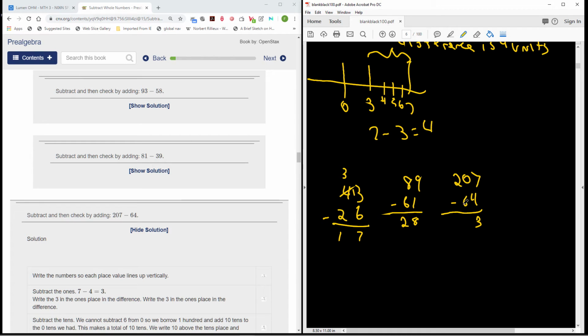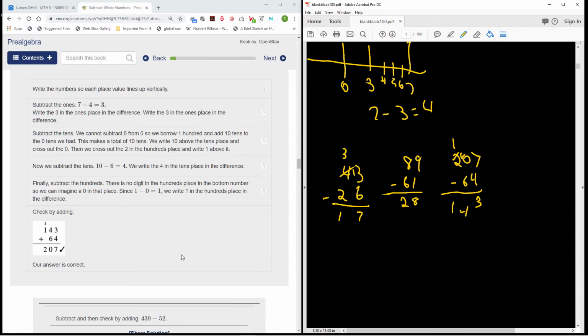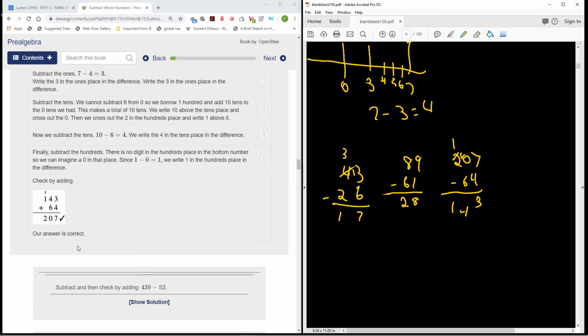I can't take away 6 from 0, so I've got to borrow 1. 10 minus 6 is 4. 14. So we can check it by adding back. See, they check it. 3 and 4 is 7. 6 and 4 is 10. And 1 and 1. So it checks.